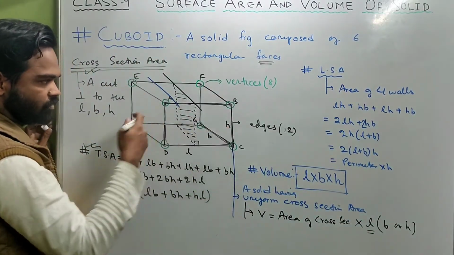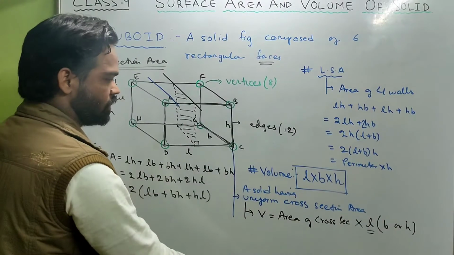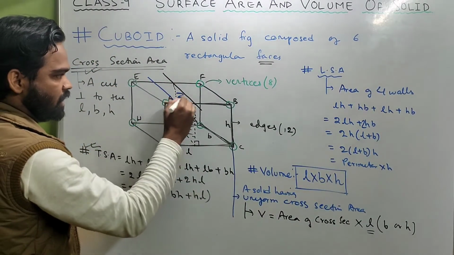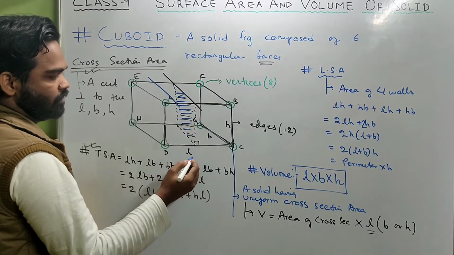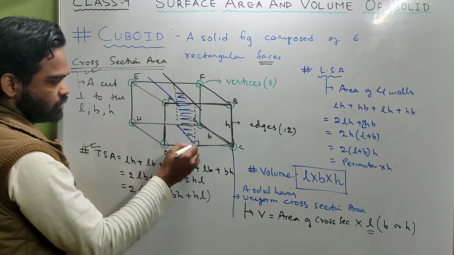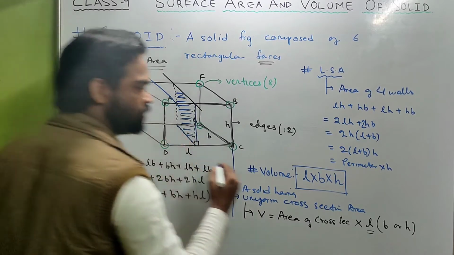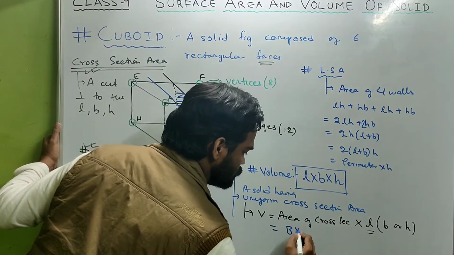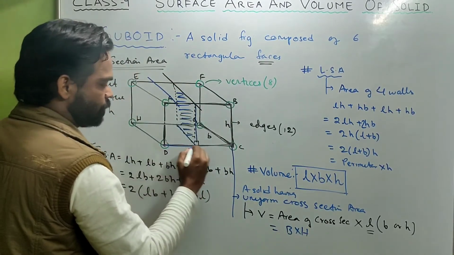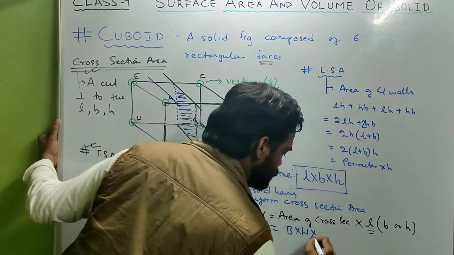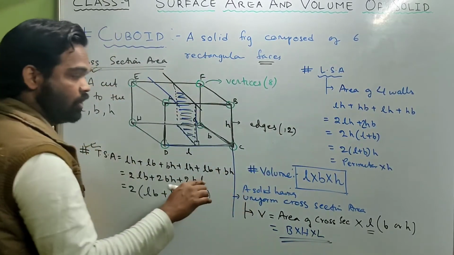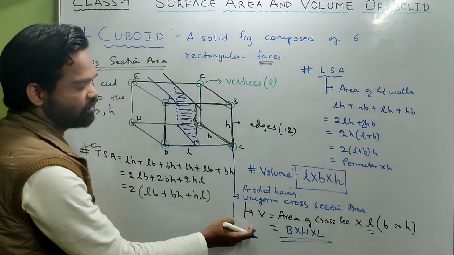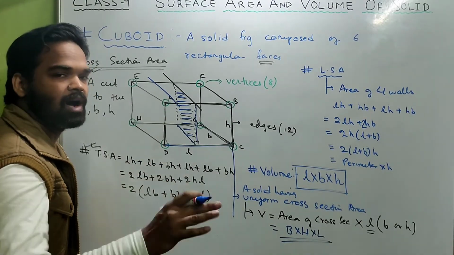So in this case, in the figure which I have drawn, I have made a cut perpendicular to the length. So this area exposed, this is your breadth and this is your height. So B into H, and it was perpendicular to the length, so into length. So the volume of this solid, which is a cuboid, is given by length into breadth into height.